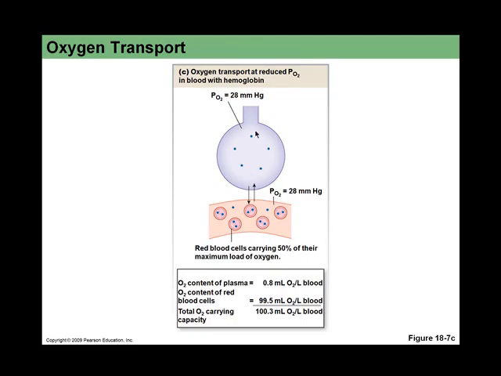So in other words, what the oxygen concentration is in the alveolus will equilibrate with what's in the plasma. So if that drops really low, then the PO2 of the plasma will be really low. The red cells will be carrying about 50% of their maximum load. We drop down to about 100.